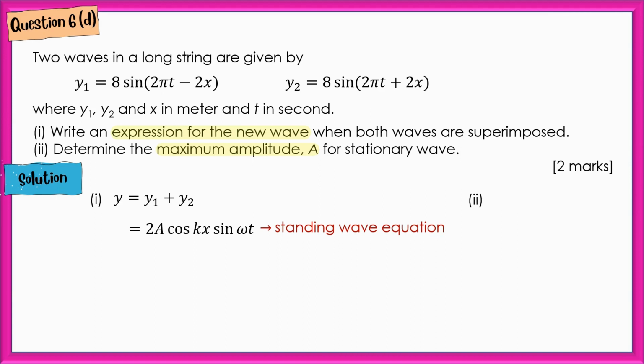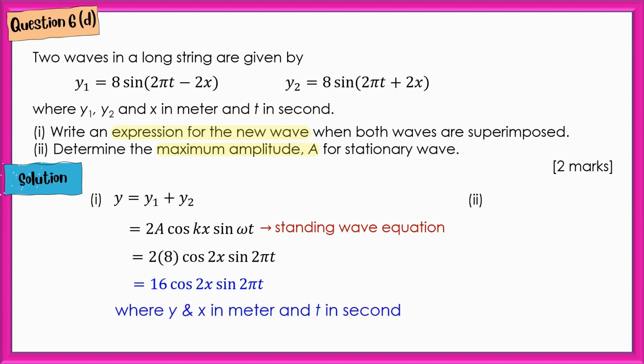To write down the expression for this standing wave, you need to substitute the value for a, which is a is equal to 8 meter, k is 2, and omega is 2 pi. So when you substitute this value in the standing wave equation, you will get the standing wave equation 16 cos 2x sine 2 pi t. And don't forget to write down the unit, where y and x is in meter and t is in second.